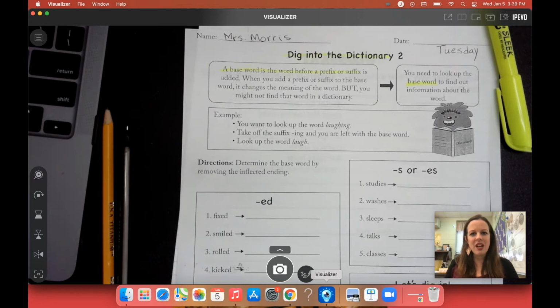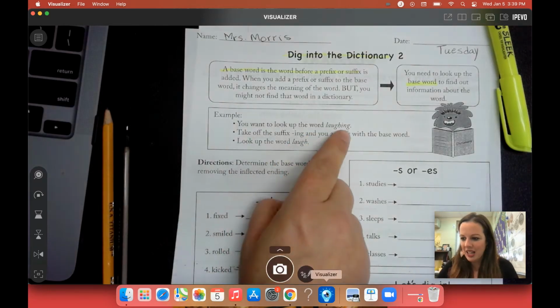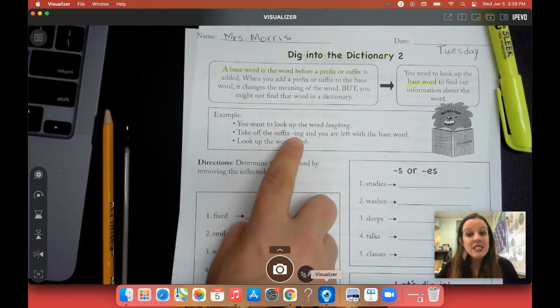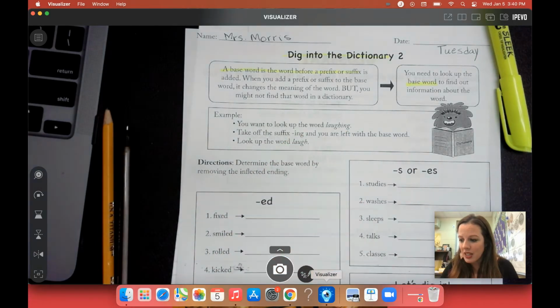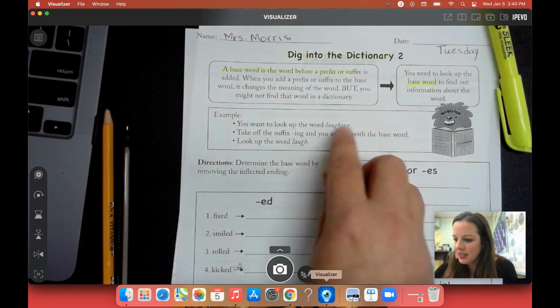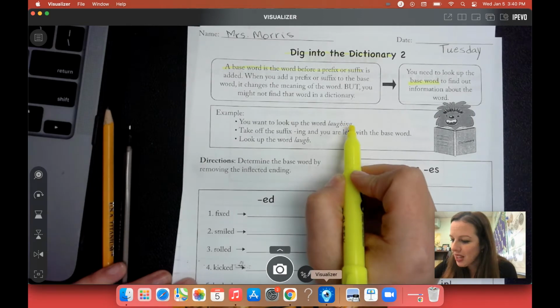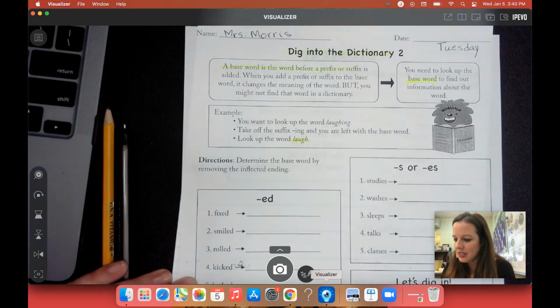If I take the suffix off, what am I left with? Just the word laugh. Let's say we want to look up the word laughing. We have to take off the suffix ing to be left with the base word. In the word laughing, when I take the suffix off or the ending part, I'm left with the word laugh.